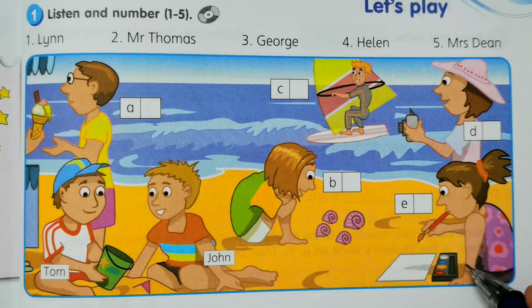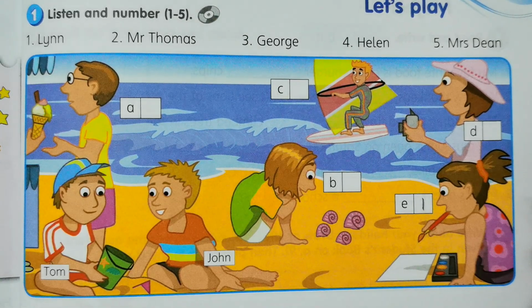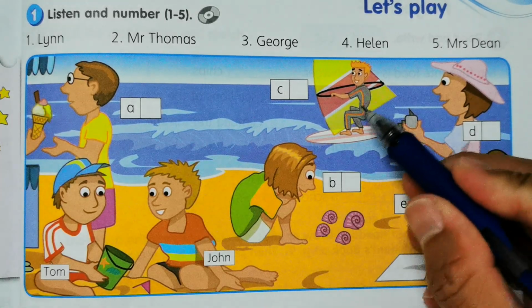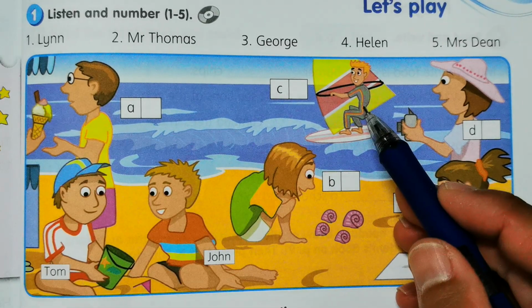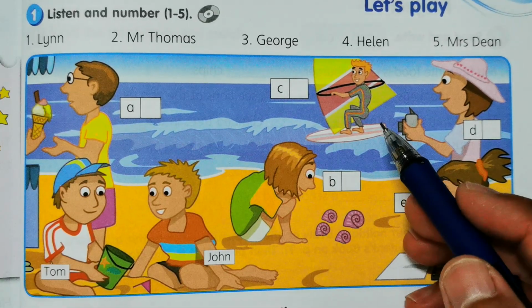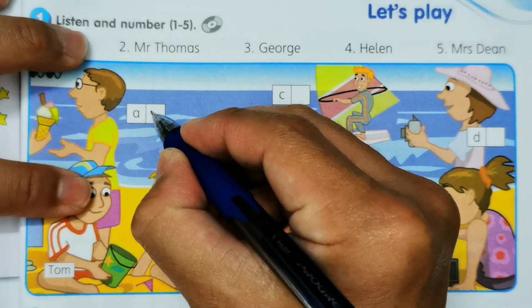I painted a pretty picture. 2. Mr. Thomas, did you go windsurfing yesterday? No, I didn't. I went to the beach, but I didn't go windsurfing. Did you swim? No, I didn't. I just bought an ice cream. It was delicious.